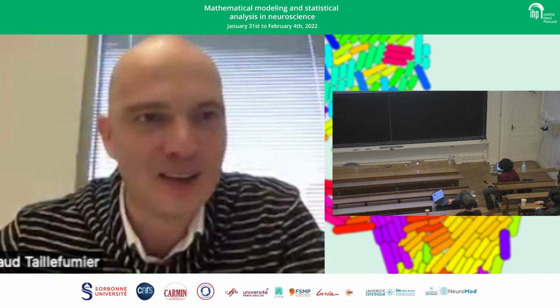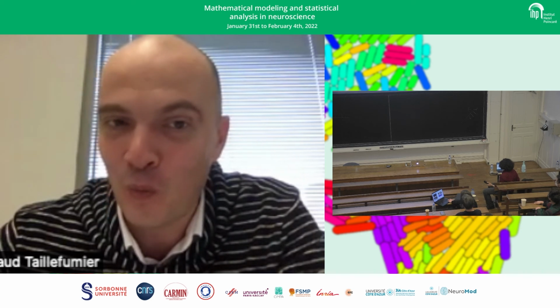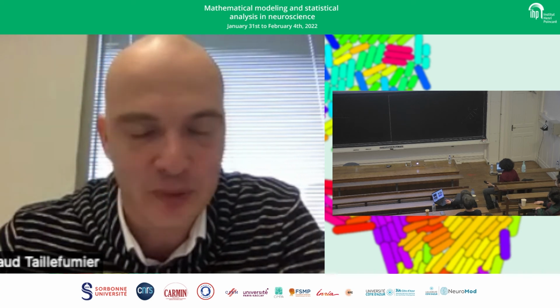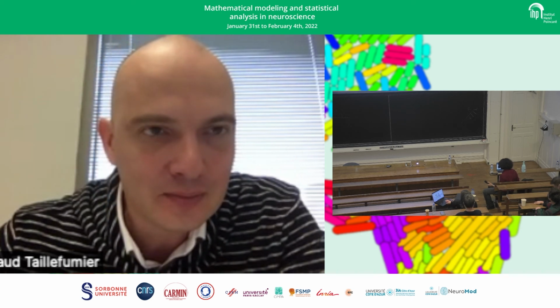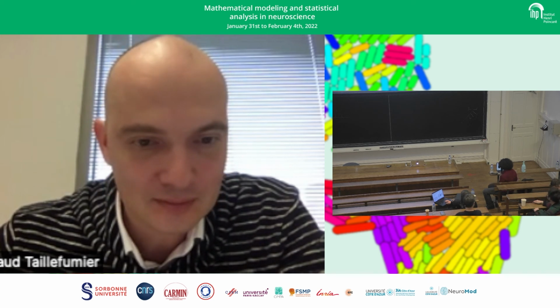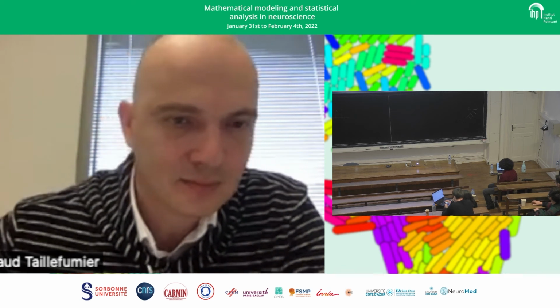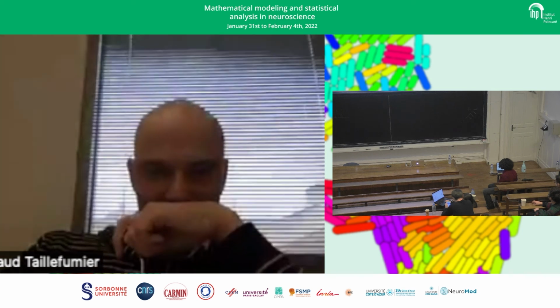Can Bruno tell me what exactly the approach is based on? Bruno, could you give more explanation, or could you log in to the Zoom link so that you can ask your question directly?